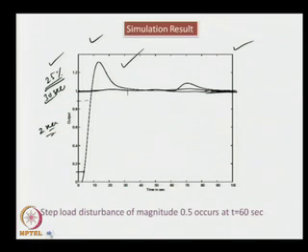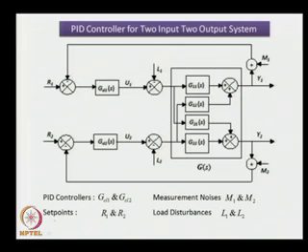Now, an attempt will be made to make use of this technique for designing a PID controller for a 2 input 2 output system. What is a 2 input 2 output system or a multiple input multiple output system?